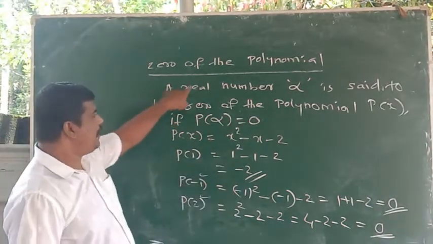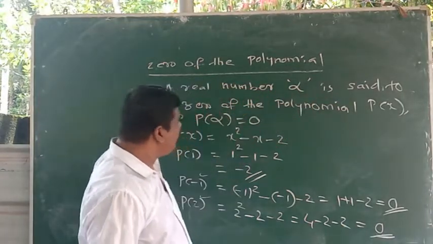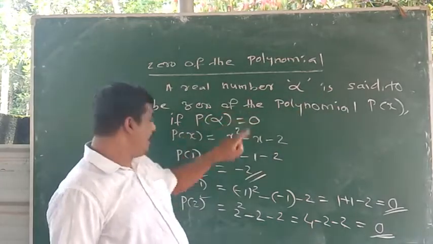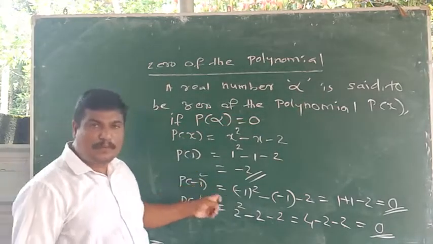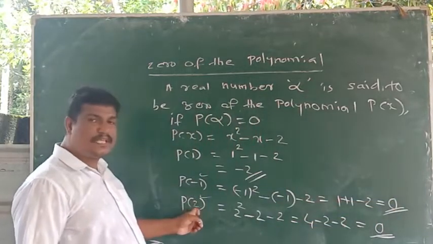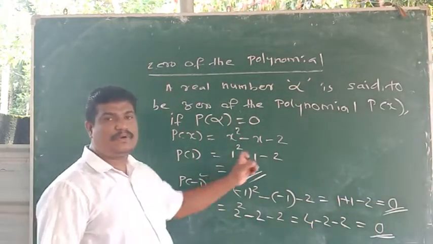Clear? A real number alpha is said to be a zero of the polynomial p of x if p of alpha is equal to 0. Here, minus 1 is a zero of the polynomial, so p of minus 1 is equal to 0. Here, 2 is a zero of the polynomial, so p of 2 is equal to 0.